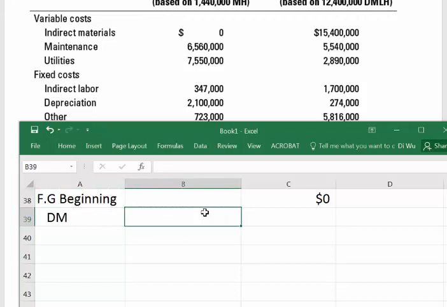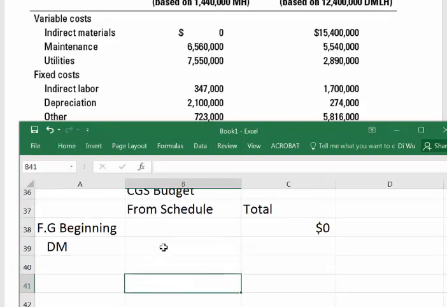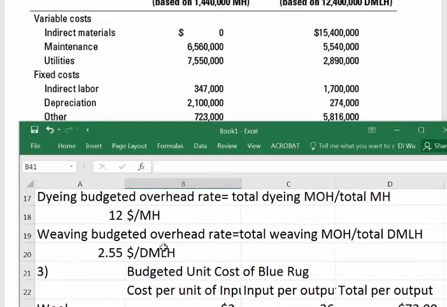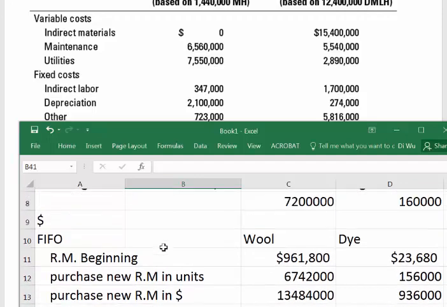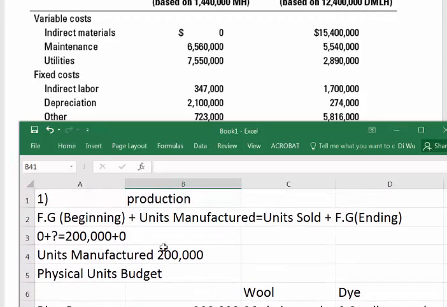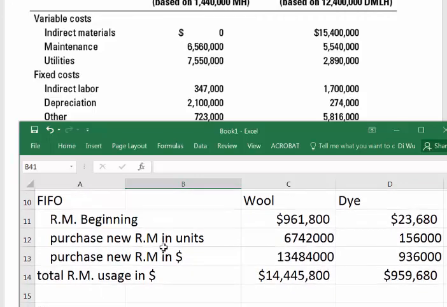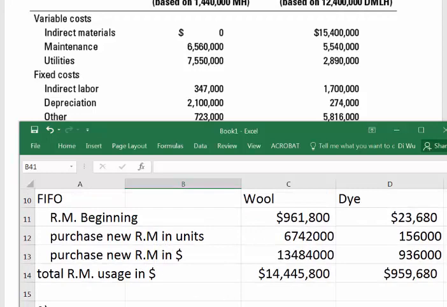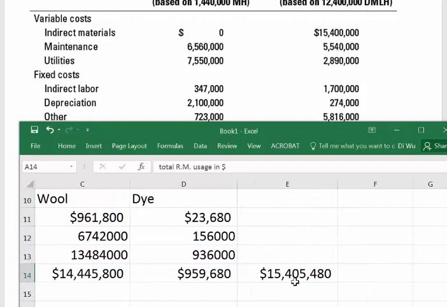Then I need to look at my direct materials. If I go back to part 1, I'm going to share this Excel file with you so that you can always use it as assistance. Going back to question 1 in this problem, the total DM usage in dollar amount is 15,405,480.